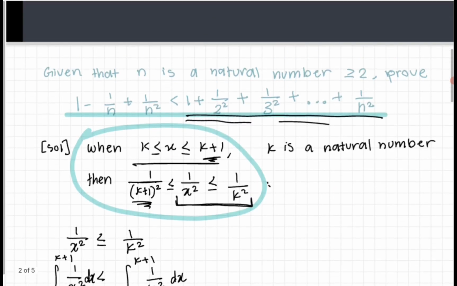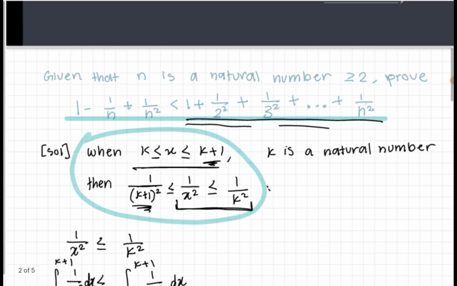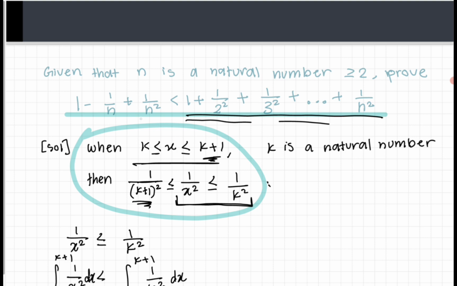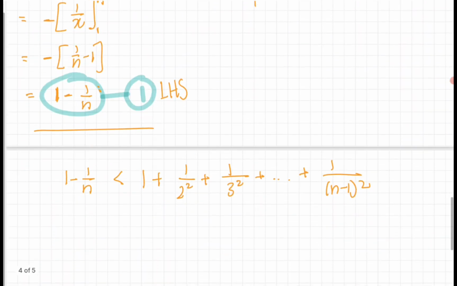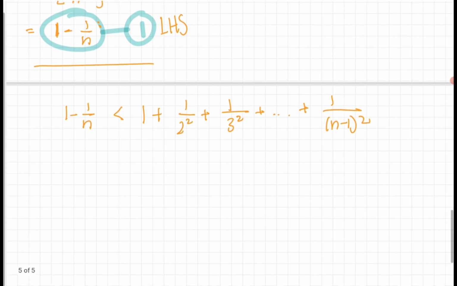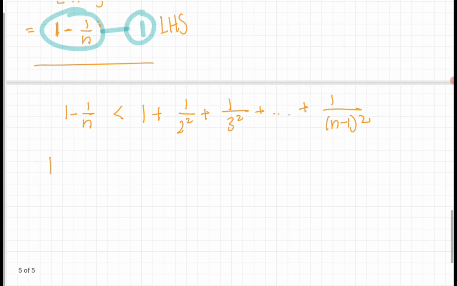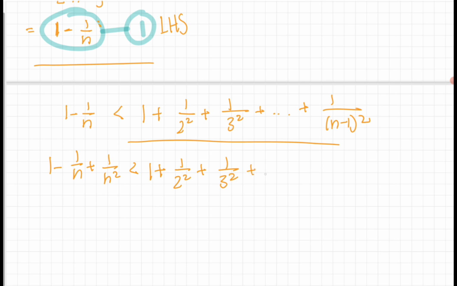However, as we look in the question, we see that we have a 1 minus 1 over n here and a 1 over n squared here. So we just simply have to add 1 over n squared to both sides. So we get 1 minus 1 over n plus 1 over n squared is less than all of this plus 1 over 2 squared plus 1 over 3 squared plus dot, dot, dot, 1 over n minus 1 squared plus 1 over n squared.